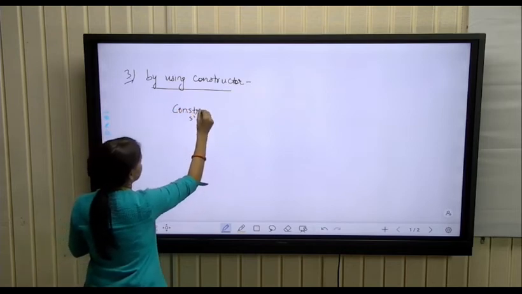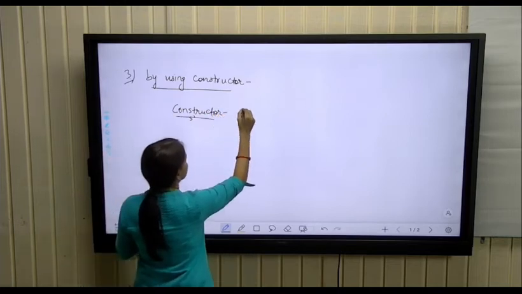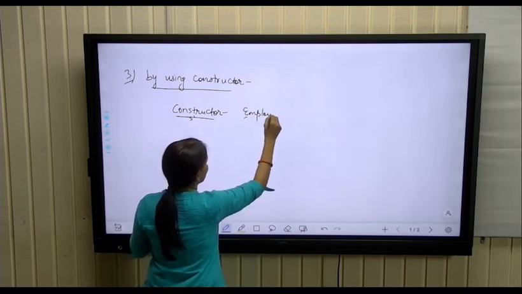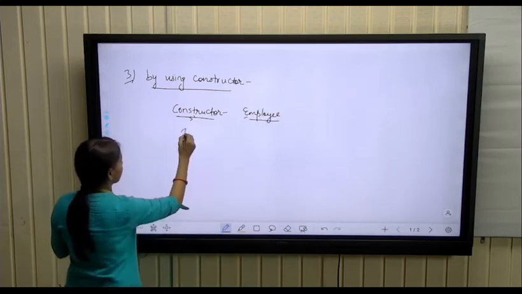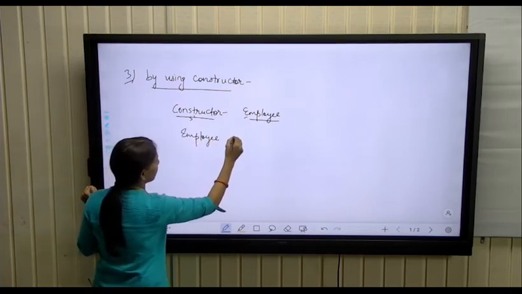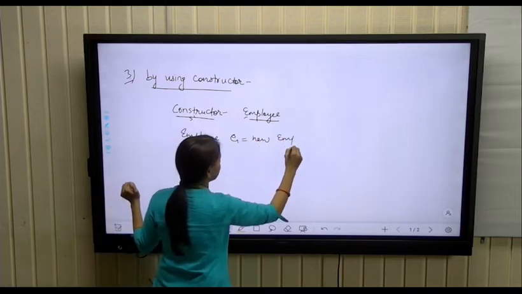See, suppose we have a constructor for employee. So Employee E1 is equal to new Employee.